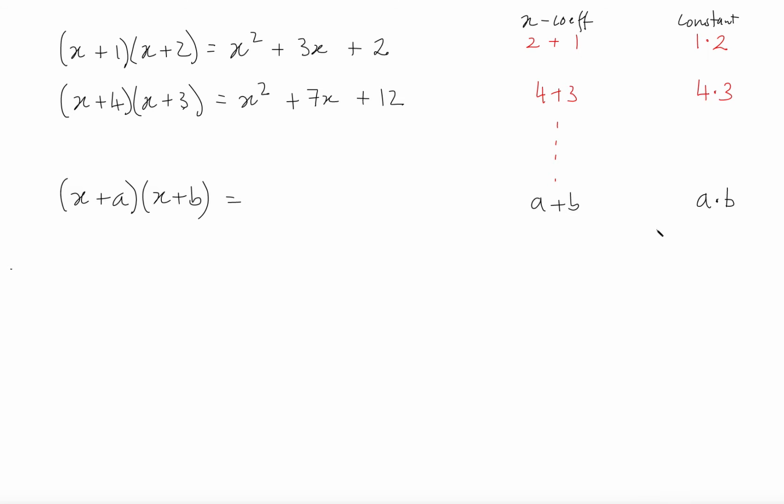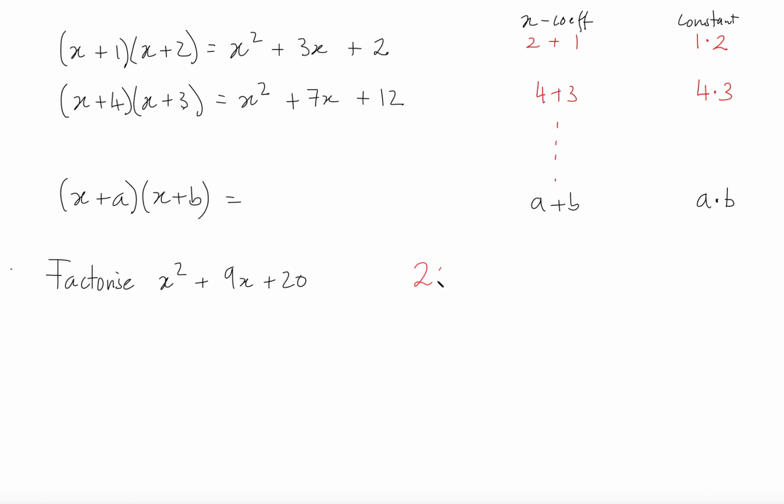So if something can be factorized, then the constant term is the product of the two terms a and b, and the x coefficient is the sum of the two terms. So for example, can we factorize x squared plus 9x plus 20?